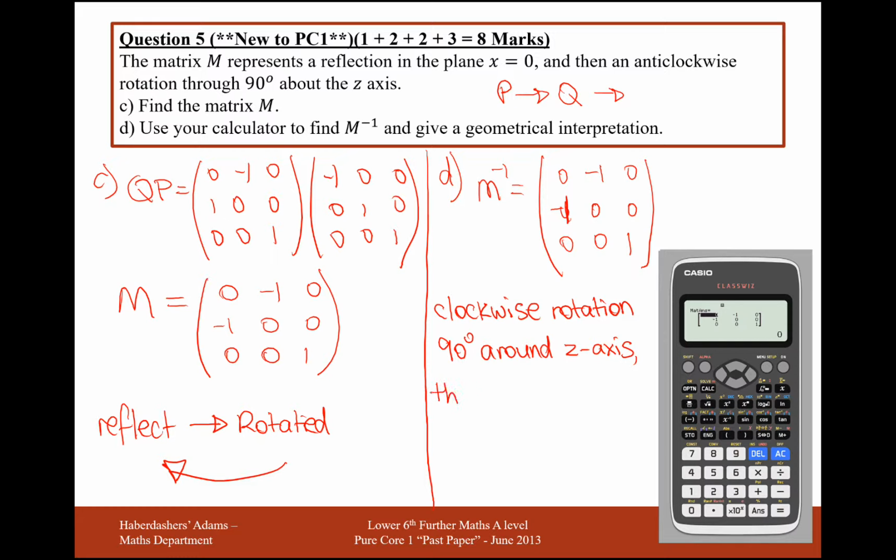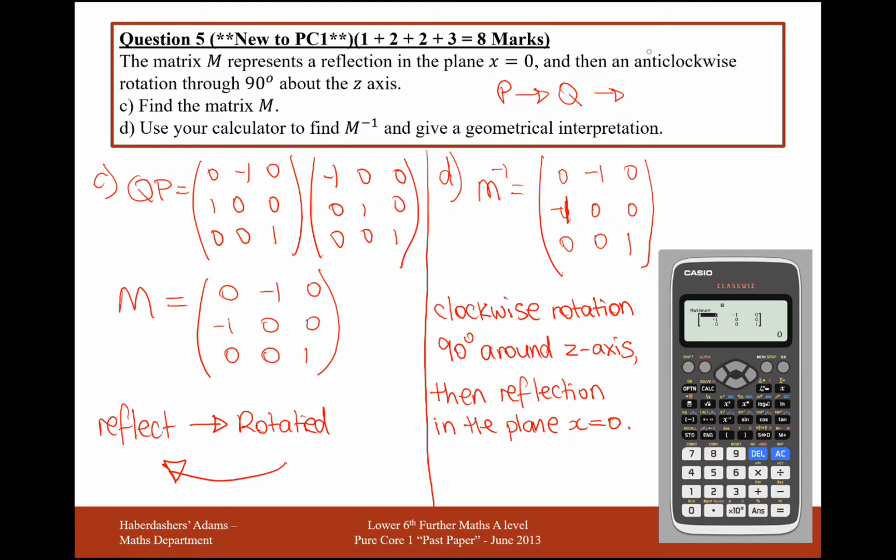and then a reflection in the plane of x equals 0. So do you see there I've done the reverse order for my transformations, and I've also had to reverse the operation as well.